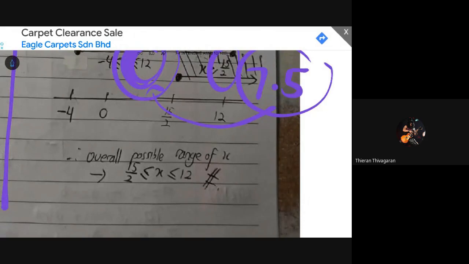Tak boleh abaikan sebab if you write x greater than 15/2, maksudnya kamu katakan 15/2 sampai infinity. Kamu anggap dia boleh pergi julat tu sampai tak terhingga, until undefined. Tapi kamu ada limit sebenarnya based on the previous inequality, iaitu 12. Jadi kena stop kat situ lah. Tak boleh pergi lagi dah.